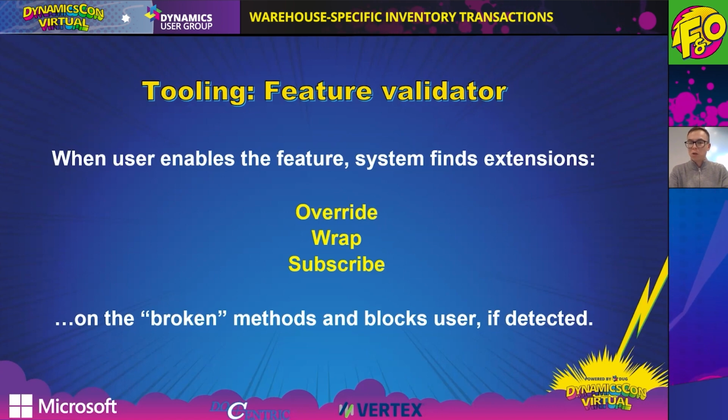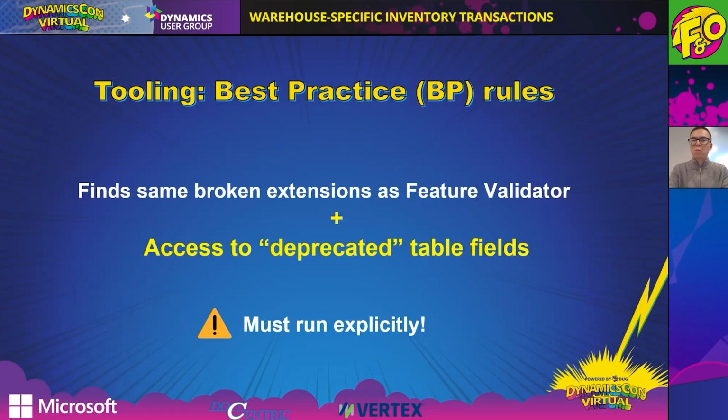In the official documentation, we describe exactly what needs to happen when that occurs, but in short, the partner or the developer needs to look in the extensions, and there is a described way to solve this problem. We also introduce a set of new best practice rules. Basically, they are able to find the same things the feature validator does, but they also do something in addition.